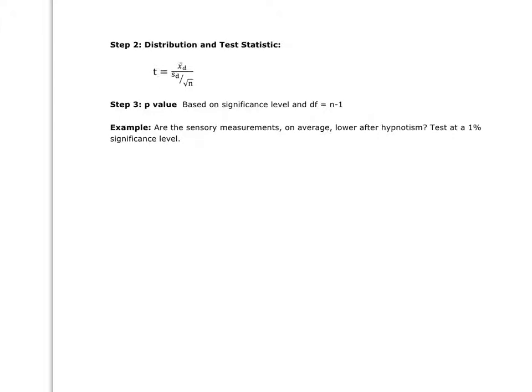Okay, so let's run through this example. We want to test at a 1% significance level, and we want to answer the question, are the sensory measurements on average lower after hypnotism? So our null hypothesis is that the mean difference is equal to 0.